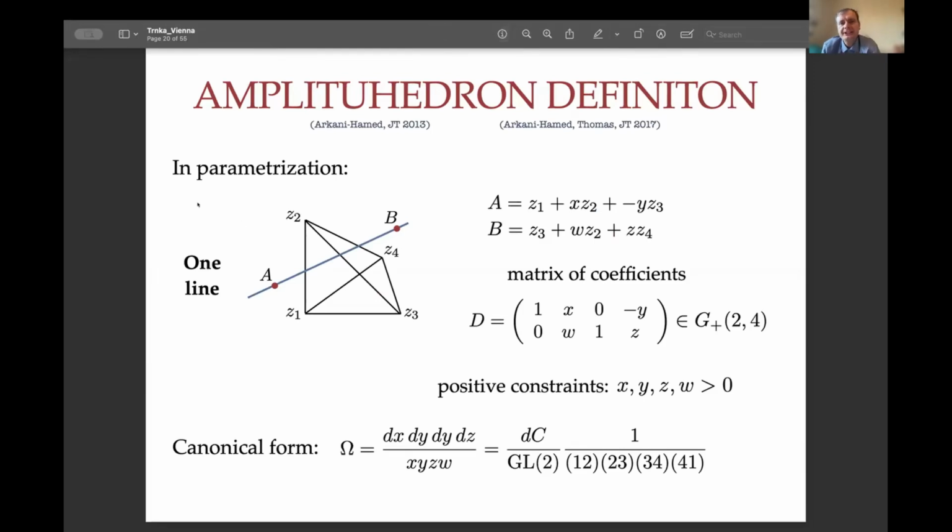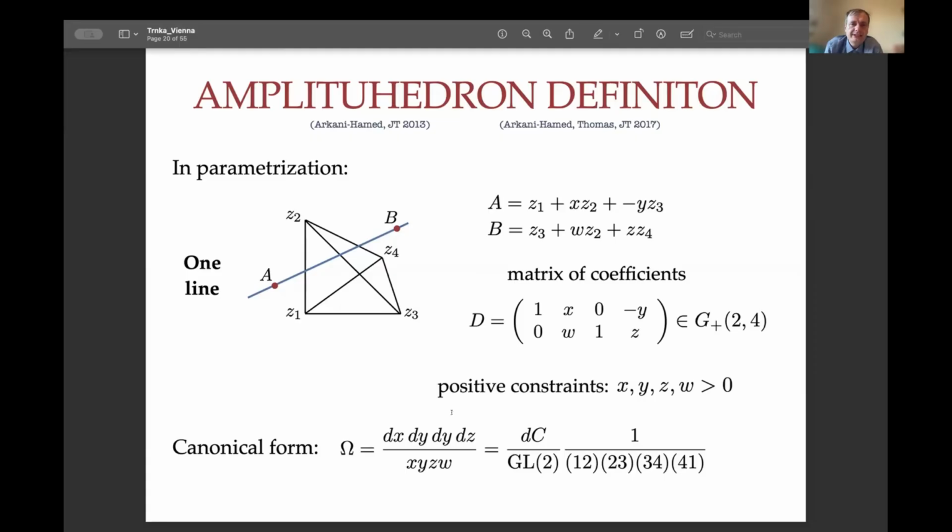Now, in parametrization, if we take the line AB, we can parameterize it. We can expand the points A and B in terms of the external momentum twistors. So this is just a parametrization of the line. This is the representation of the G plus 2, 4 matrix. And for this parametrization, the inequalities boil down to the very simple statement that all these parameters are positive.